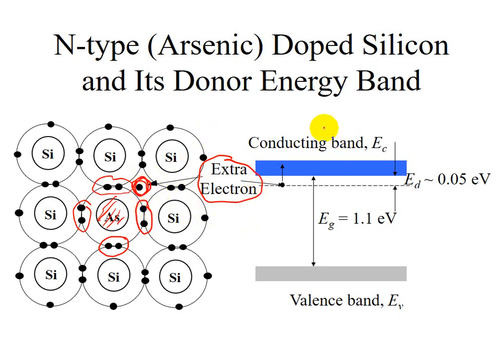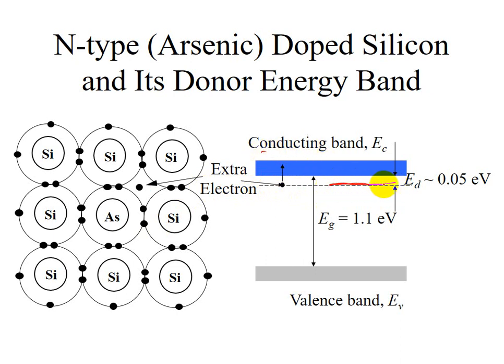Based upon the atomic structure, the band structure for silicon, we know that between the covalent bonding valence band and the conducting band, we have an electron energy gap of 1.1 electron volt. After introducing the extra electron by way of the group 5 element, you get a new energy level just below the conducting band.